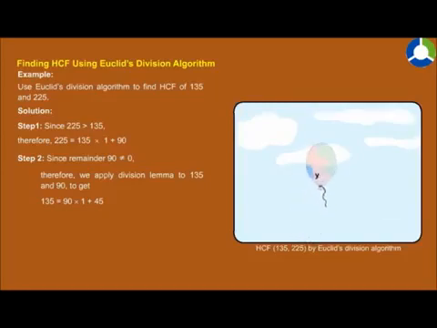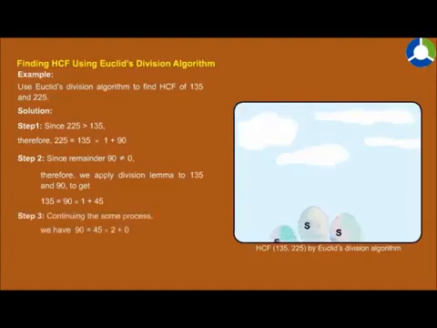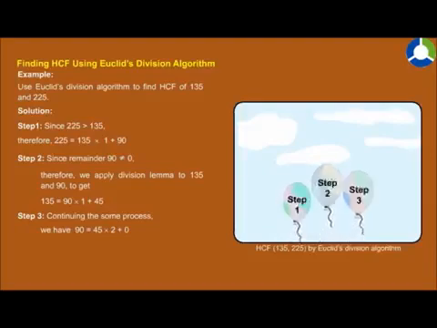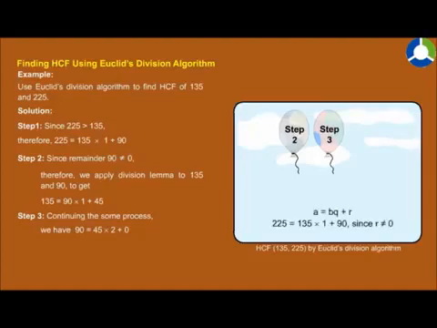135 = 90 × 1 + 45. Step 3: continuing the process, we have 90 = 45 × 2 + 0.